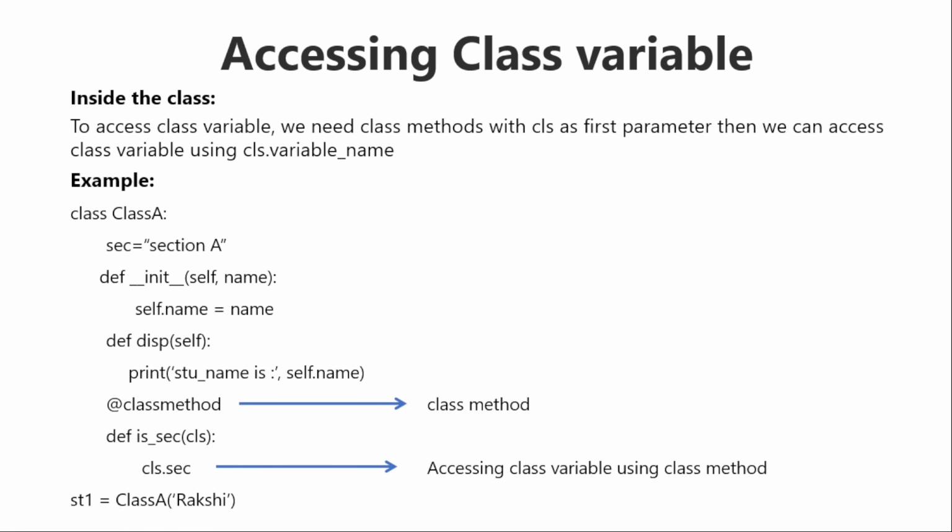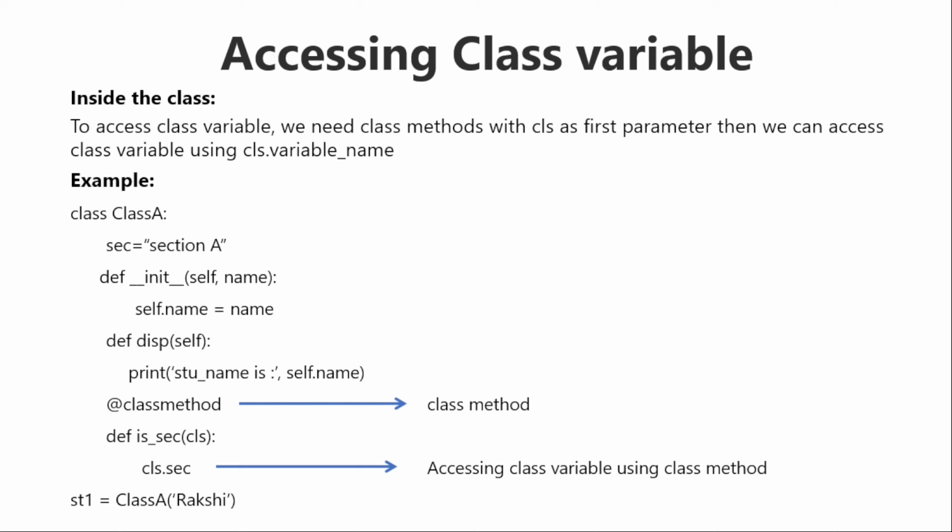So accessing class variable inside the class and outside the class. Inside the class, to access the class variable, we need a class method with cls as the first parameter. Then we can access the class variable using cls.variable. So here we have an example. Class A, where sec is equal to section A, and we have defined a constructor with the self parameter, and a function disp, where we access our instance variable.